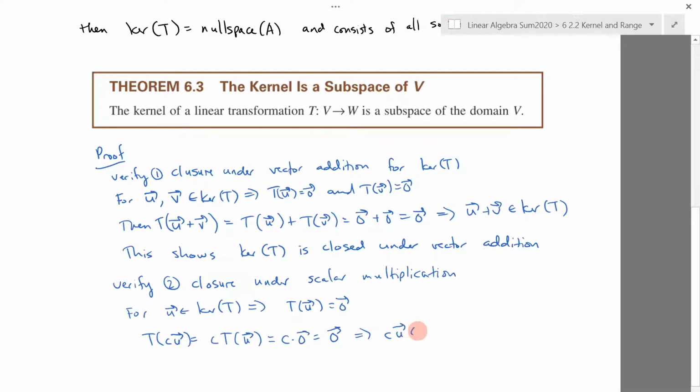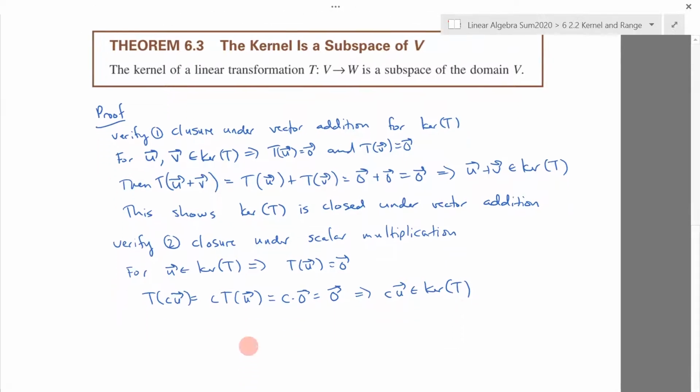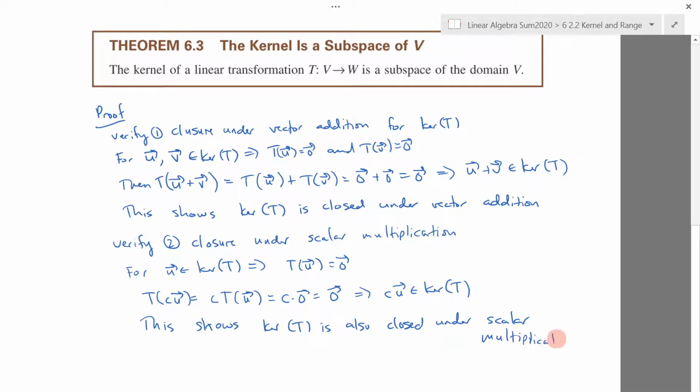So c times u is in the kernel, and this shows that the kernel is closed under scalar multiplication. So we have that the kernel is a subspace of the domain.